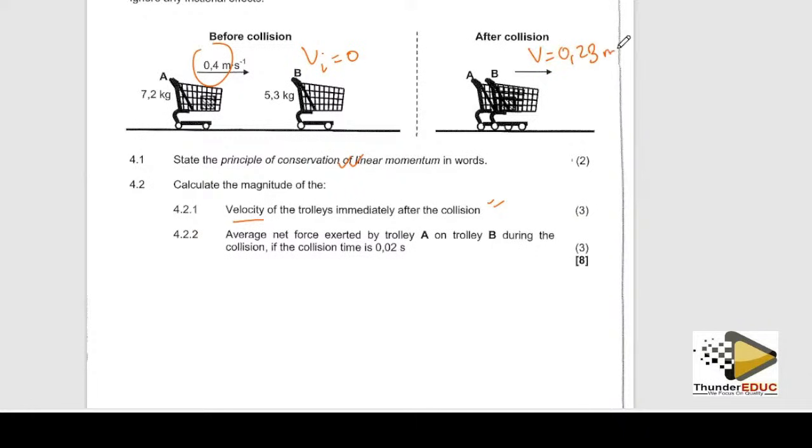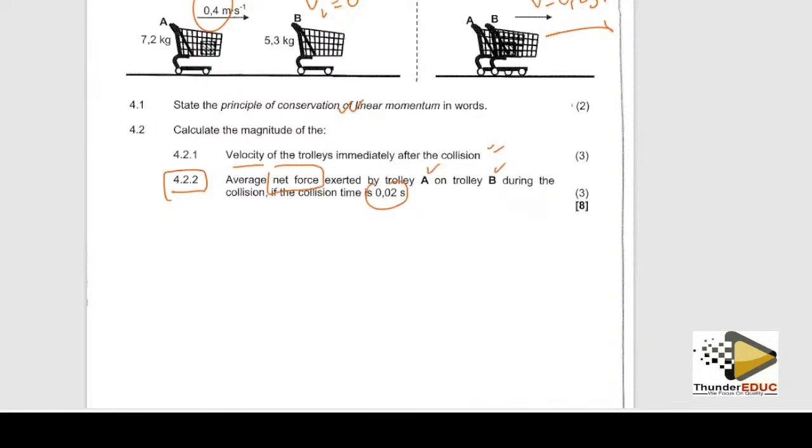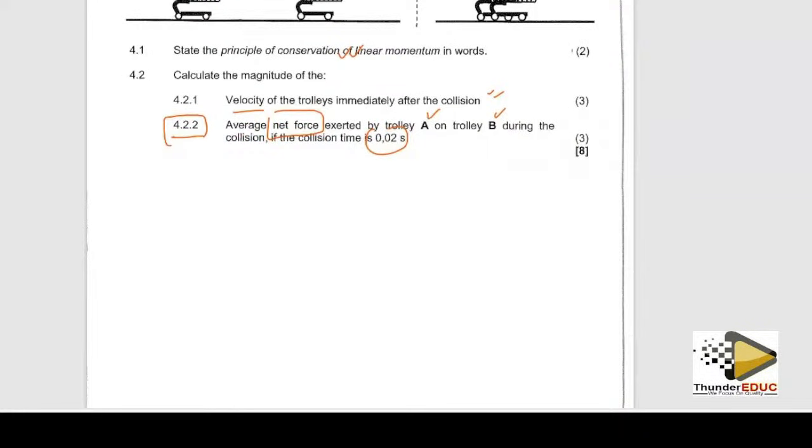Then 4.2.2, they want the average net force exerted by A on B during the collision, if the collision time, or the time of contact, is 0.02 seconds. Okay, so remember, they want the average net force.